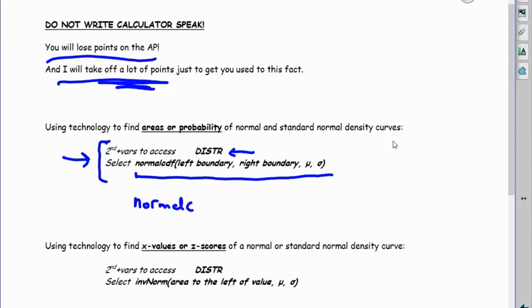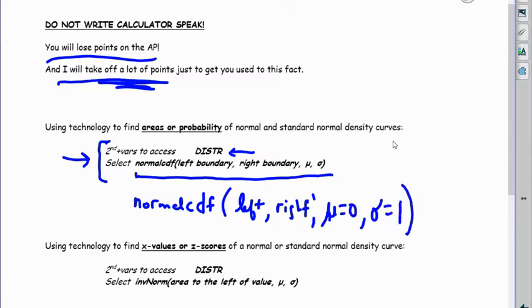So if you do normal CDF, left and right, and you leave off the mean and the standard deviation, then it will assume that your mean was 0 and your standard deviation was 1. So that's standard normal. And if that's the case, that would need to be a z-score for the left and a z-score for the right.